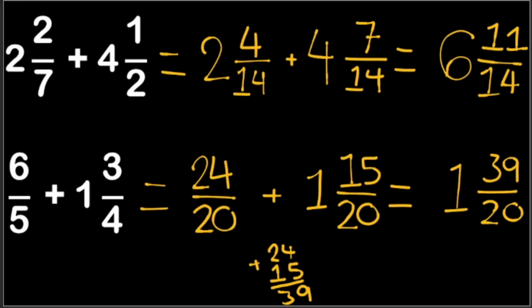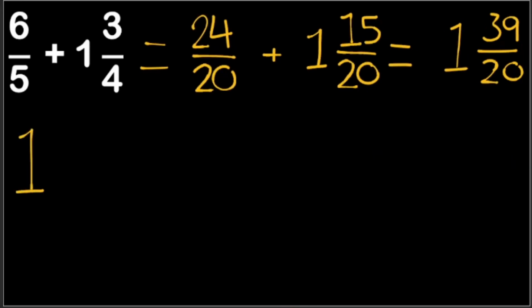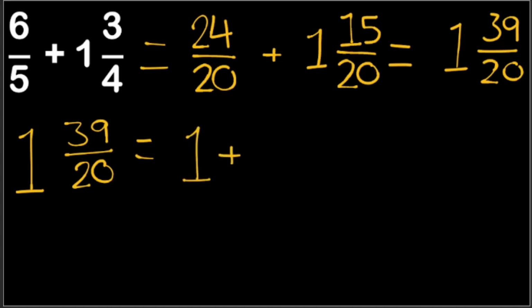We're not done yet. This is not in its simplest form yet. So we'll keep the whole number as it is for now, but 39 over 20. 39 goes into 20 once with 19 left over.